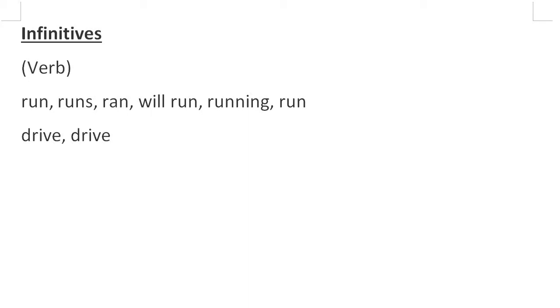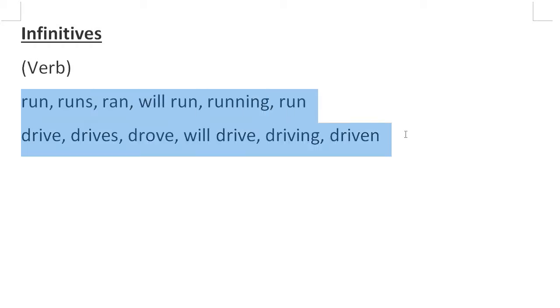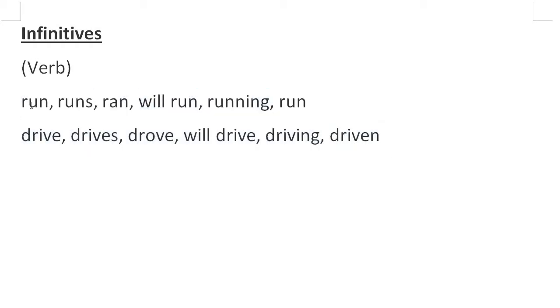It could also be drives, she drives. It could be drove in simple past tense, will drive, driving, and of course driven, which is our perfect tense there. So it can take many forms, but separate from a tense, we're going to have it look like this.